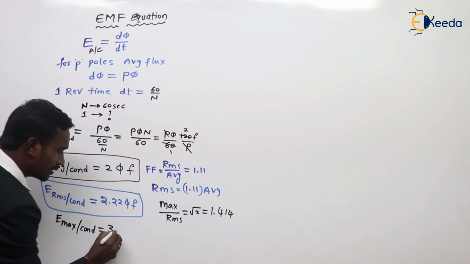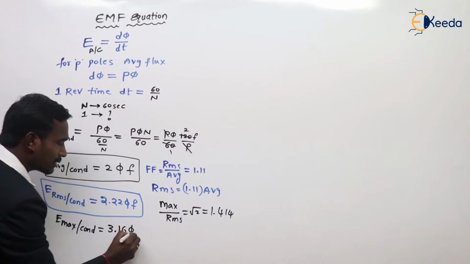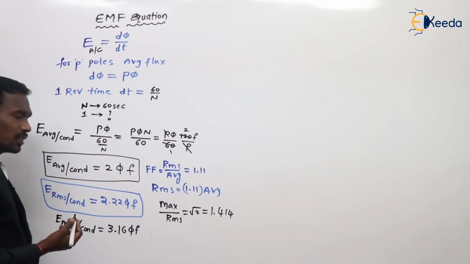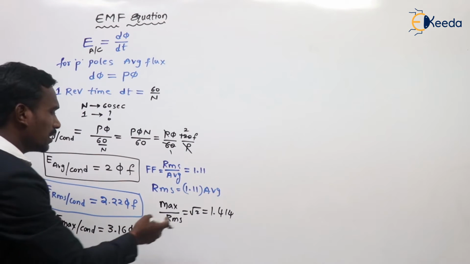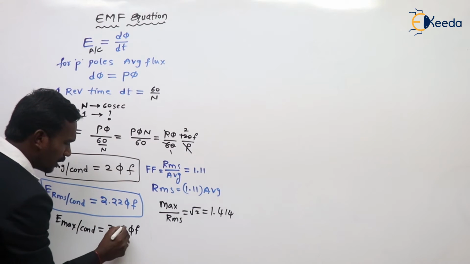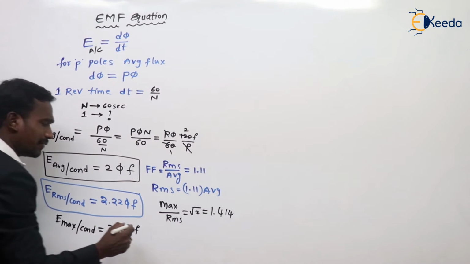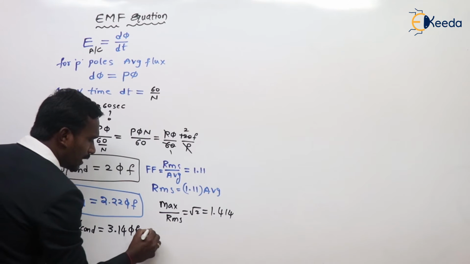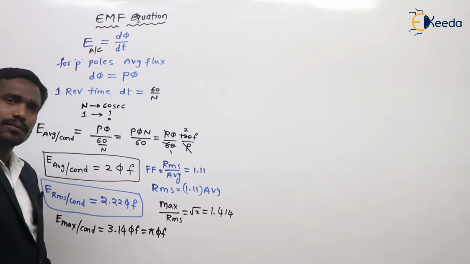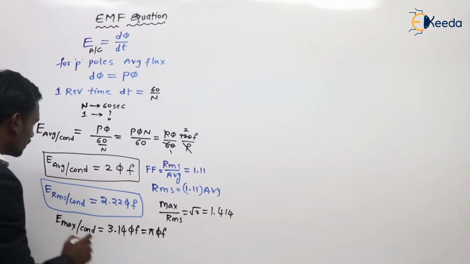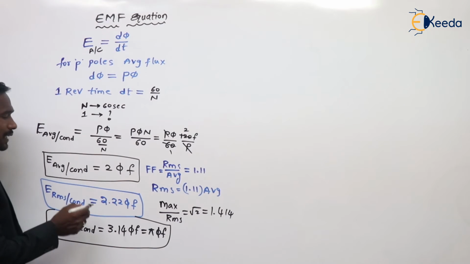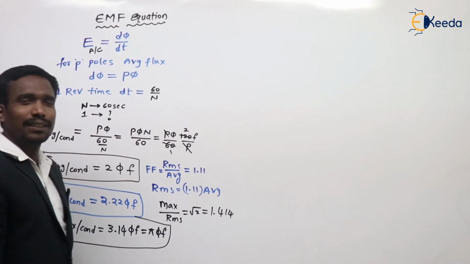Then you get an answer around 3.14 times phi F, nothing but pi phi F. This is our answer. So this is E maximum per conductor, E RMS per conductor, E average per conductor.